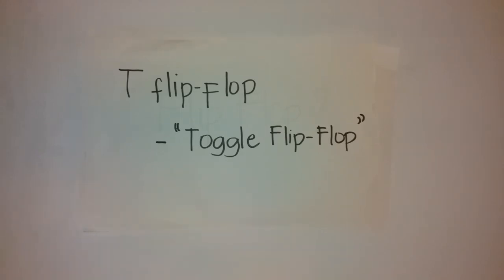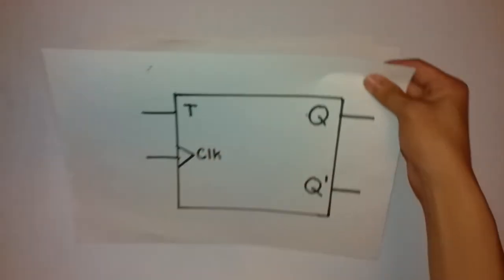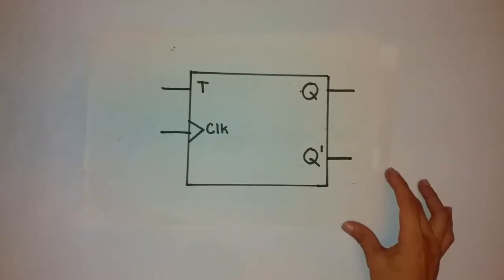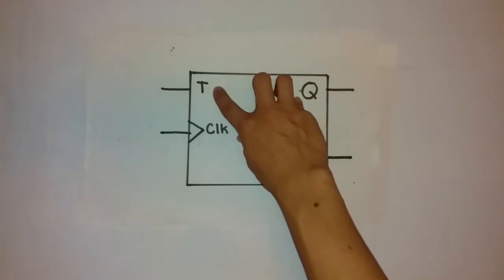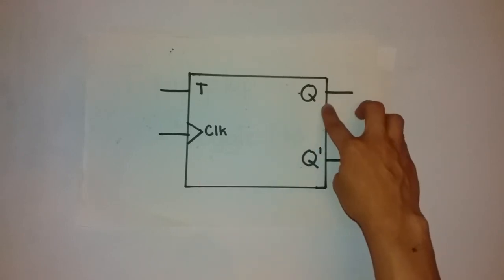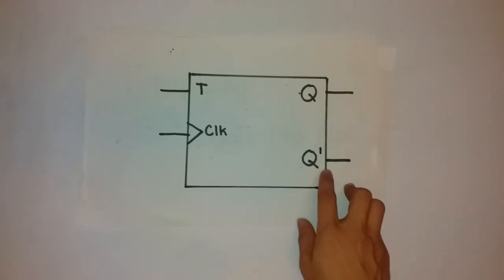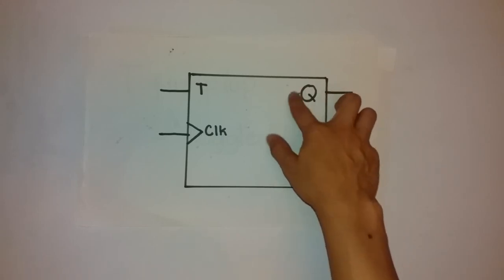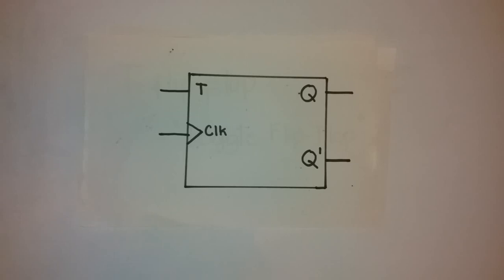So as you can see in the T flip-flop diagram, we have here the T, which is the toggle input or the trigger input. We have also the clock, the output Q, and the output Q prime, which is the inverse of our output Q. Toggling means changing the next state output to the complement of the present state output.